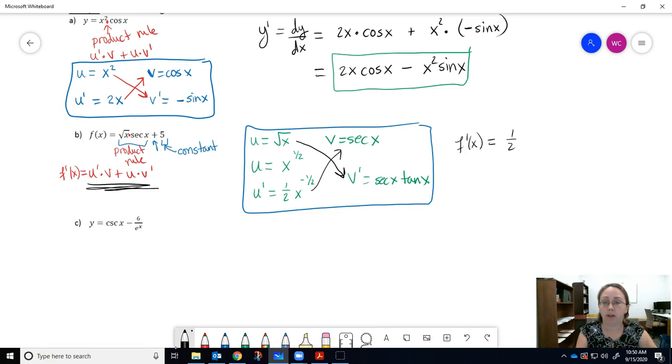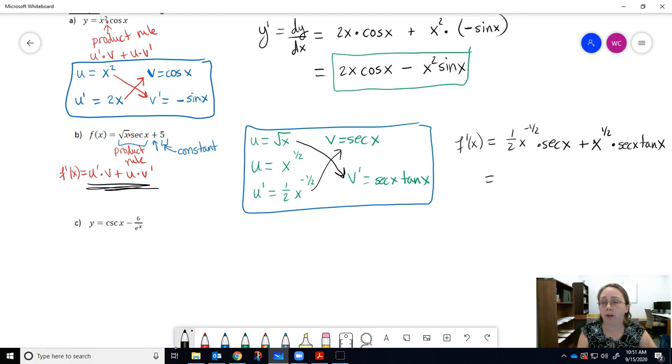So 1/2 x to the negative 1/2 times secant of x, that's our u prime times v, plus the u, you can use the x to the 1/2 or the square root notation. Either one of those would be fine. Times v prime, that's secant tangent. You might want to write it with positive exponents or with square roots, but really this is okay.